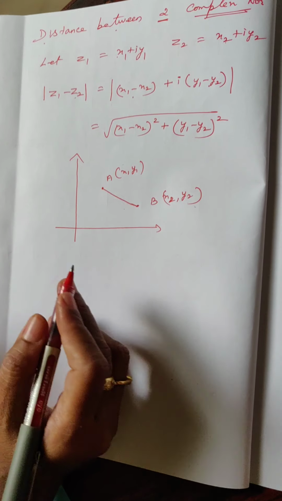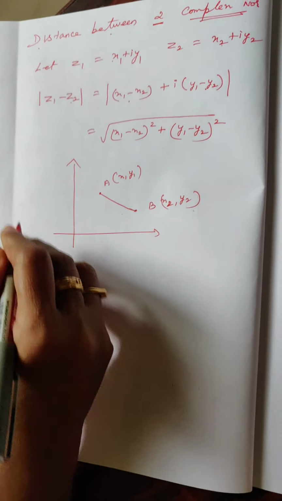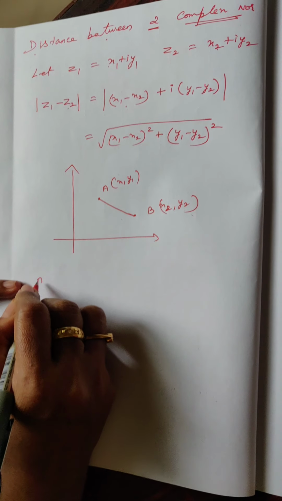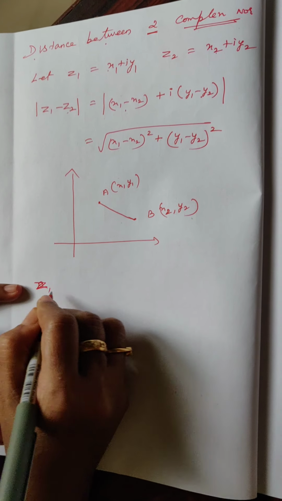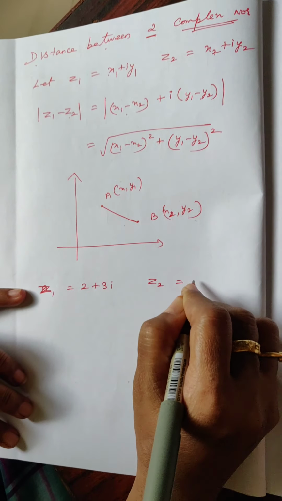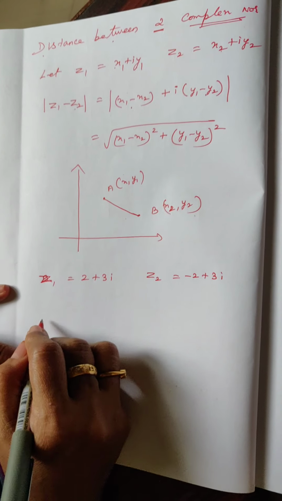Okay, let me find some results. We are interested in finding the distance between Z1 equal to 2 plus 3i and Z2 equal to minus 2 plus 3i. How would you find it?